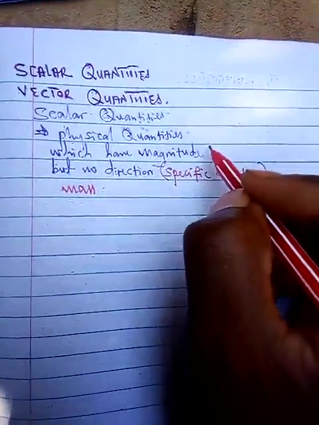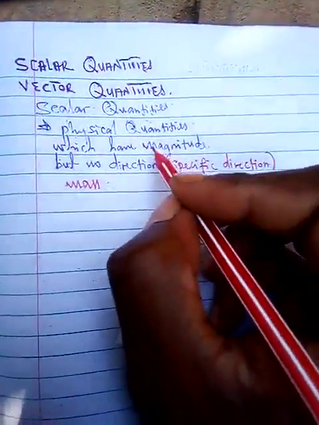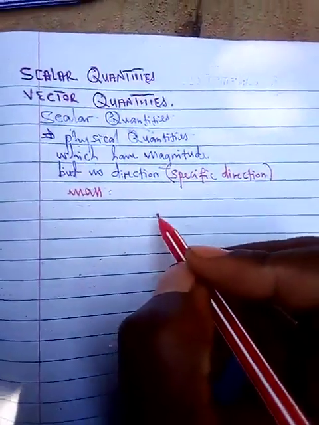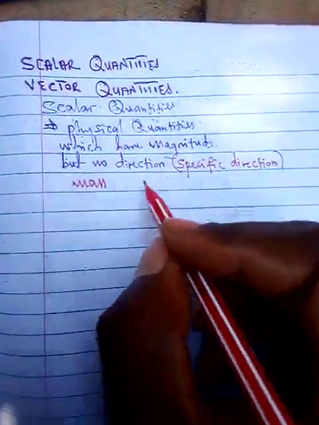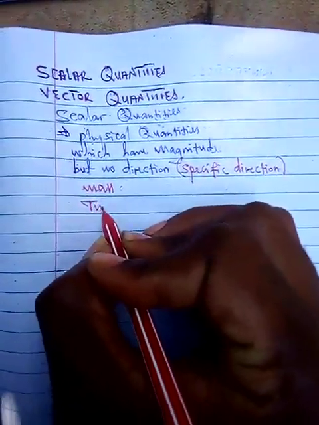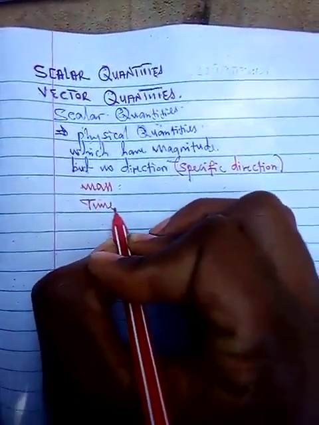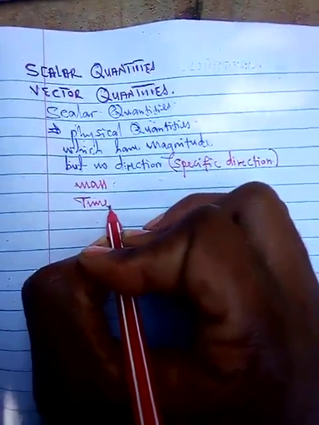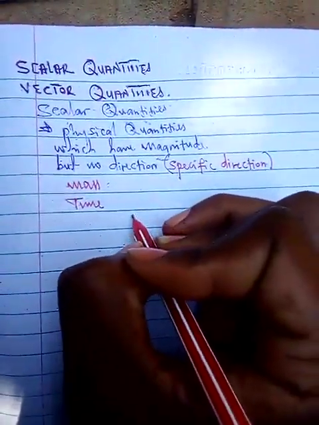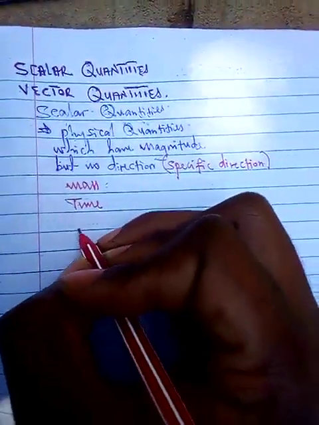They have one thing, but they don't have the other. They have magnitude, but no direction. We can also talk about time. Time as well is an example of a scalar quantity.